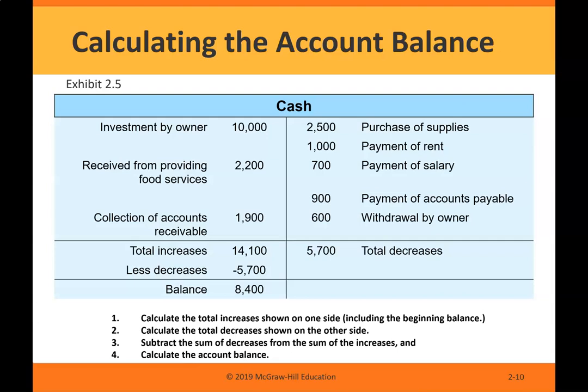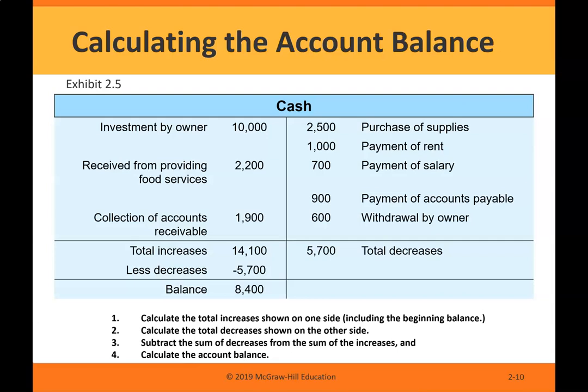Calculating the account balance, Exhibit 2.5. This is the T account for cash, based off of the transactions from our company. Debits: $10,000, $2,200, $1,900. Total debits, $14,100.